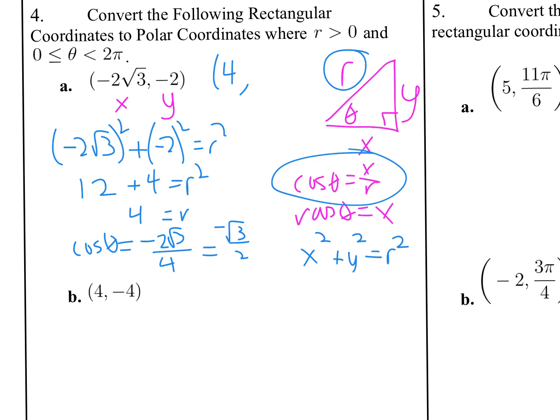And so that's going to be in the second quadrant, and that's going to be like a pi over 6, but 5 pi over 6. Wait a minute, sorry, I put that in the wrong quadrant. This should be 7 pi over 6. That'll work better. Okay, if you're wondering why, because negative 2 root 3, negative 2 is in the third quadrant.